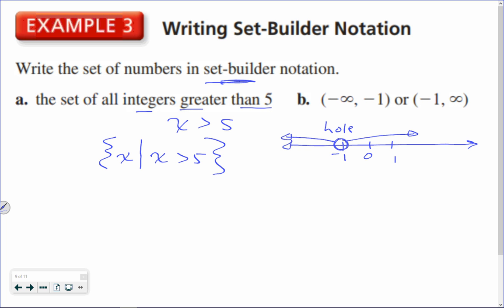If I write it in set builder notation, subset symbol, all values of x, okay, and so x is less than -1, or x is greater than -1, and then close it with subset.